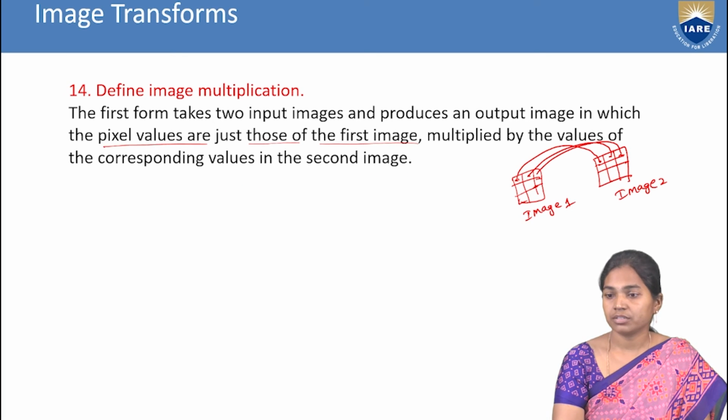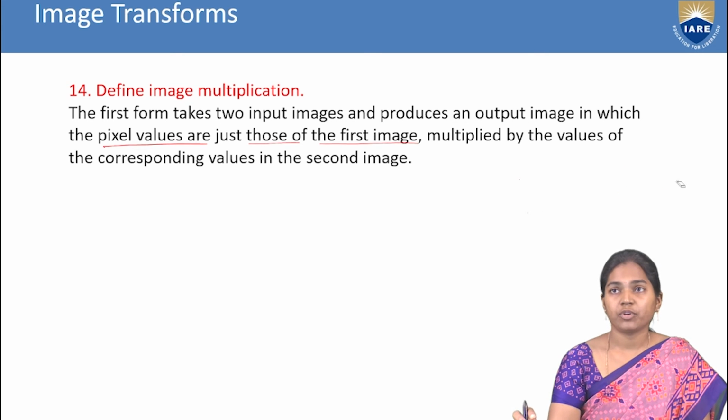The first location multiplies with the first pixel of the second image. Like that, the two images are multiplied, and the resultant is stored in the same location.